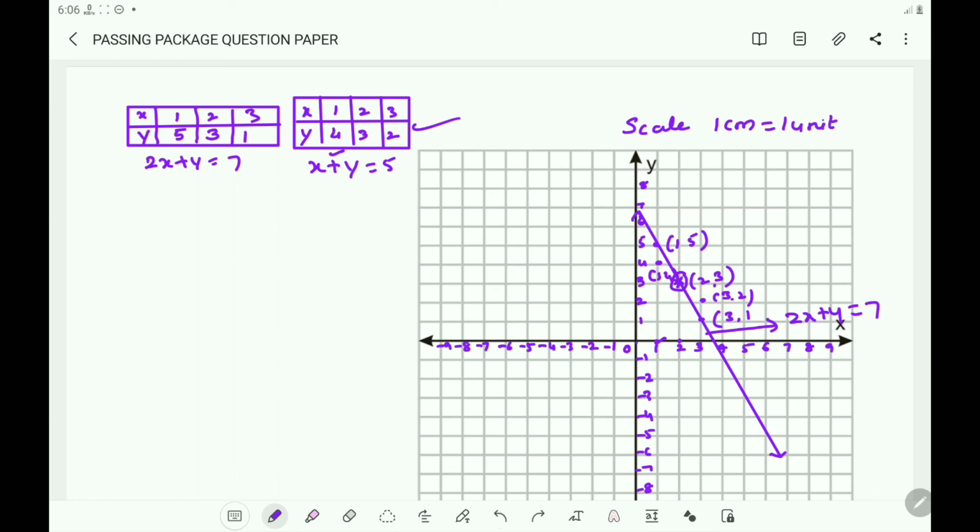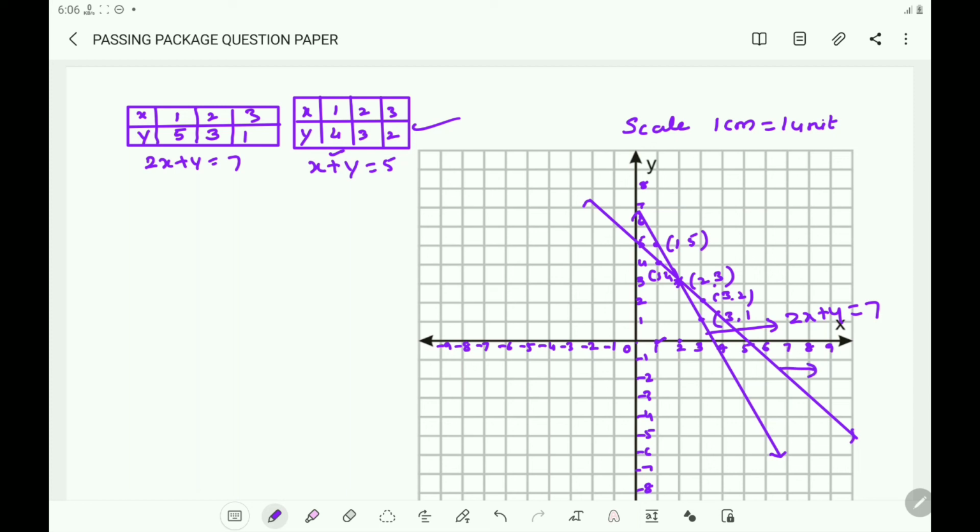Join those 3 points. So you got the graph of the two linear equations.